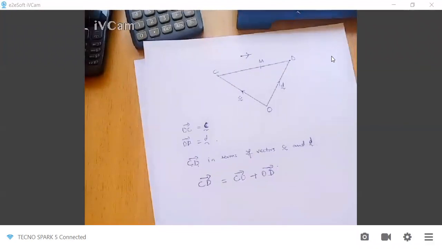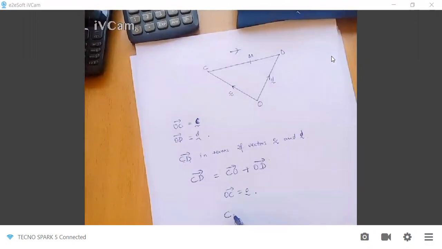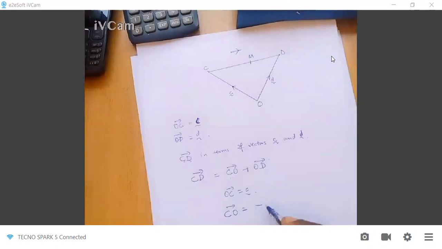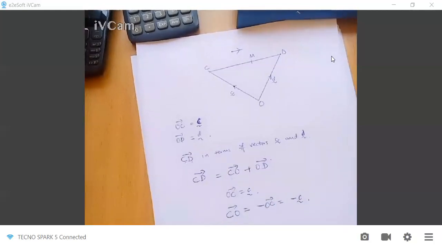Then from that point, I ask myself, do I have CO? I don't have CO, but I have OC. That means that if OC is given as c, then CO is negative OC, which is negative c.